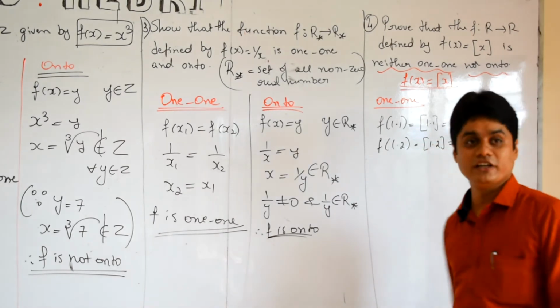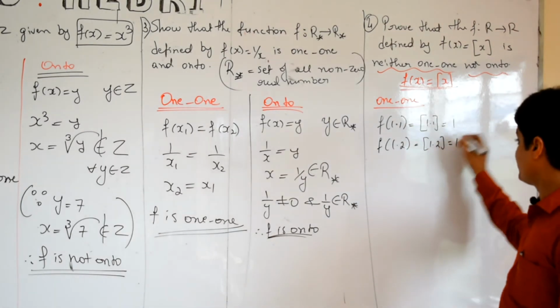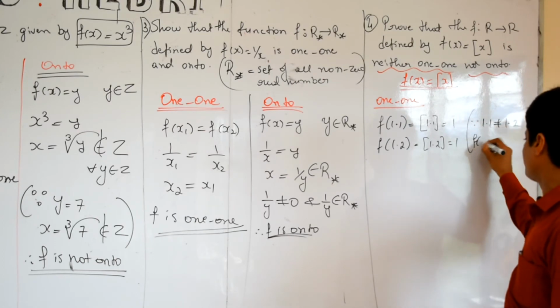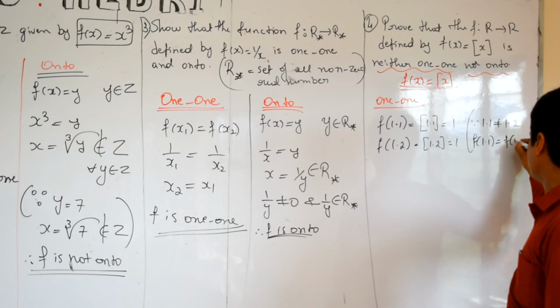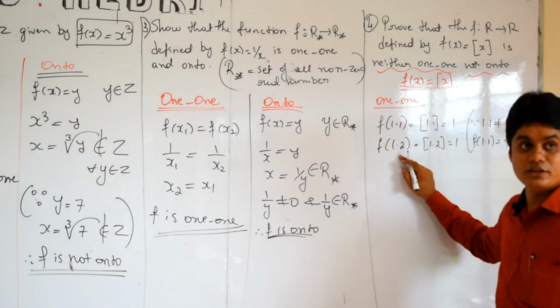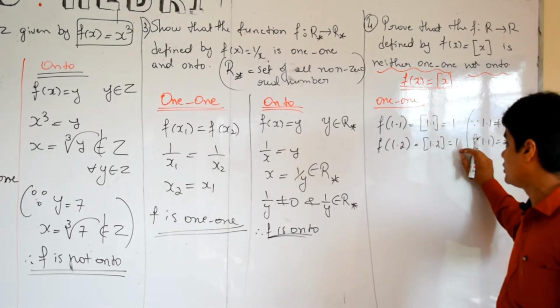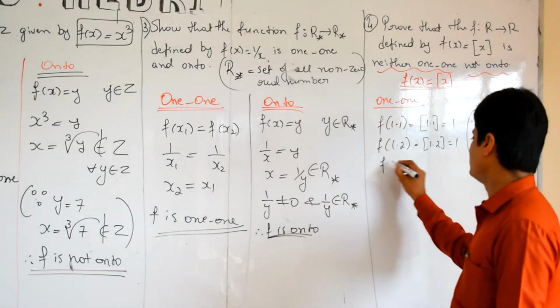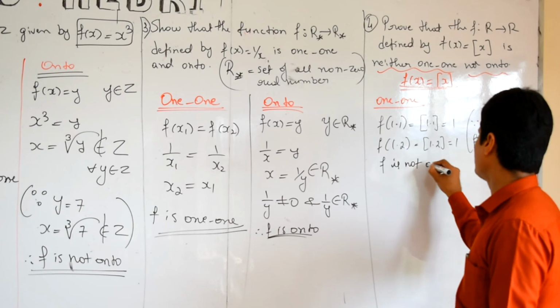Again 1 only. Observe carefully, 1.1 is not equal to 1.2, but f of 1.1 is equal to f of 1.2. Two different elements have the same image, so 1.1 is not equal to 1.2, therefore f is not 1-1.